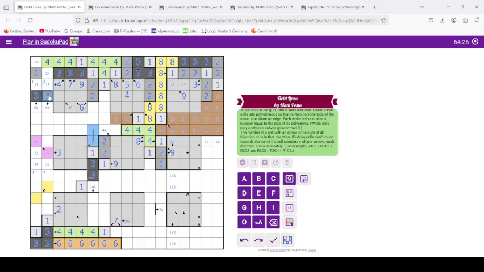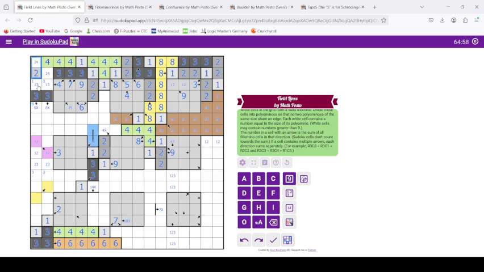What can these be? 6, 10, 12, or 14? If that's the 3. If this is the 3, then 6, 10, or 12. If this is a 1, that's 4, 6, 8, or 10. 8, 10, or 12.